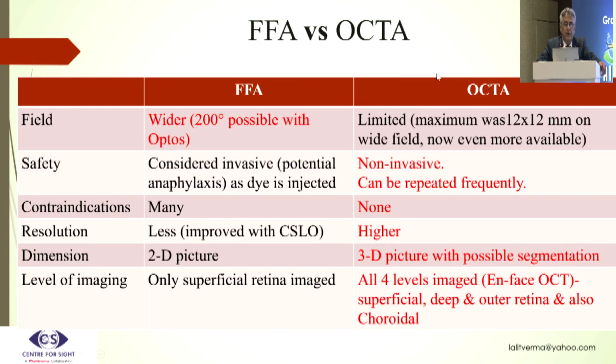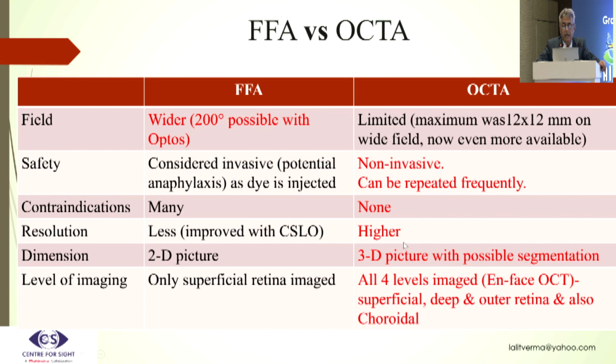So here I have tried to make a table, and red indicates the plus points of the respective machine. Wider angle FFA is very easily available nowadays. OCTA's advantage is that it is non-invasive and can be repeated whenever you want, but it requires a lot of learning. You have to sit on the machine for a very, very long time to keep understanding. And resolution definitely is much, much higher.